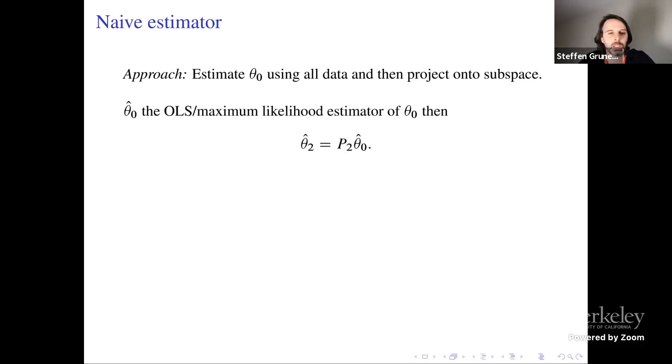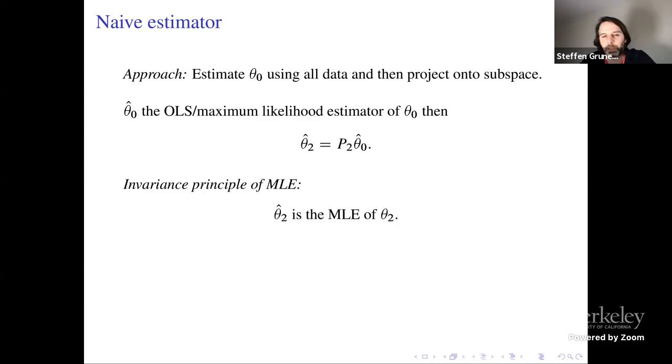Simplest possible estimator, I would say. θ null hat can, for instance, be the ordinary least squares or maximum likelihood estimator. That's the one I will use here. Then you project this estimator using the orthogonal projection to get an estimate of your parameter θ2.